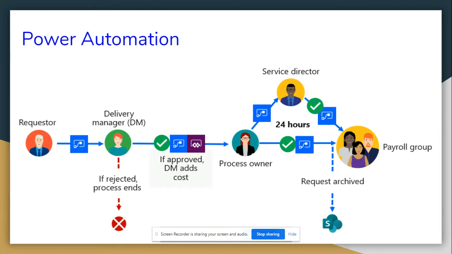Otherwise it will reject and hand it back to the requester, whichever employee's data is not validated, it will return to the requester. Otherwise it will move to the delivery manager. In the same manner, if he approves, then it will move to some other department. Okay, then they will approve, like that. Everything is automated here with the conditions itself. No one is doing anything manually. So this type of thing we can do with this application.